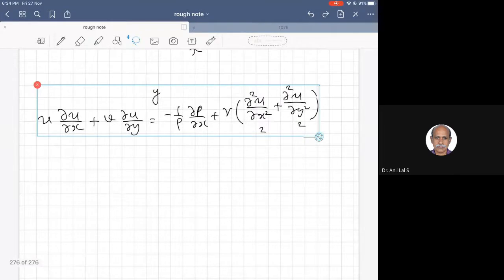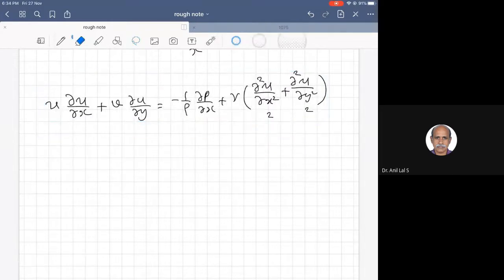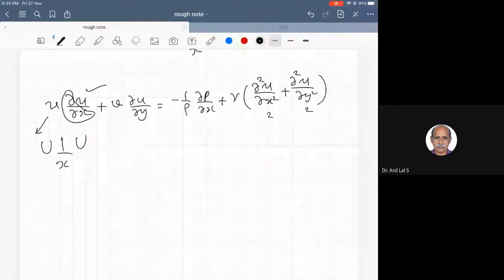We'll do the same order of magnitude analysis. You know, u is of the order of capital U. ∂/∂x is of the order of 1 by x, and u is of the order of U. So the first term is of the order of U squared by x.